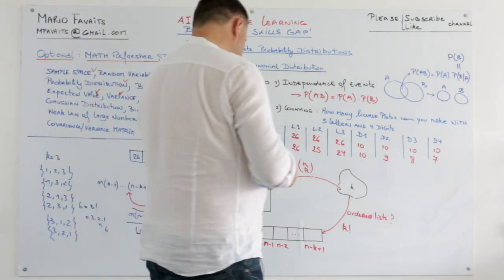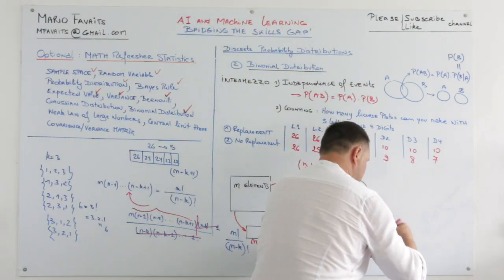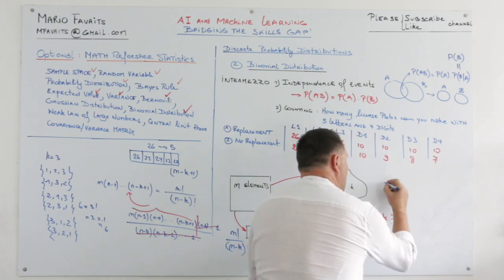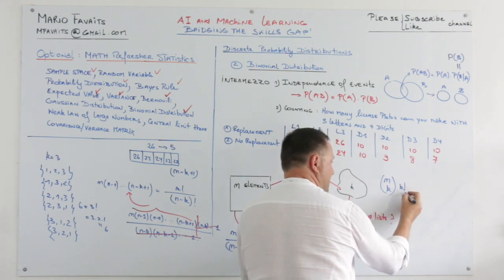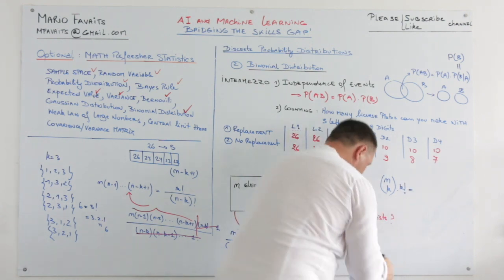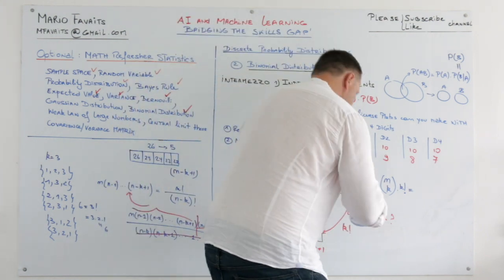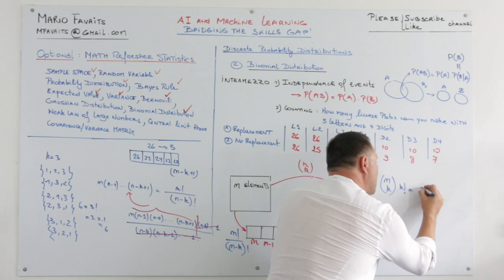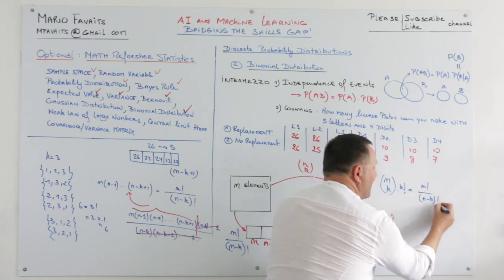So my formula now is that n choose k times k factorial equals n factorial divided by n minus k factorial.